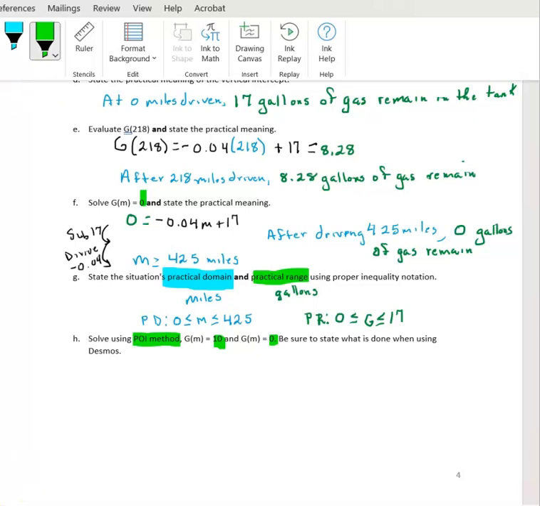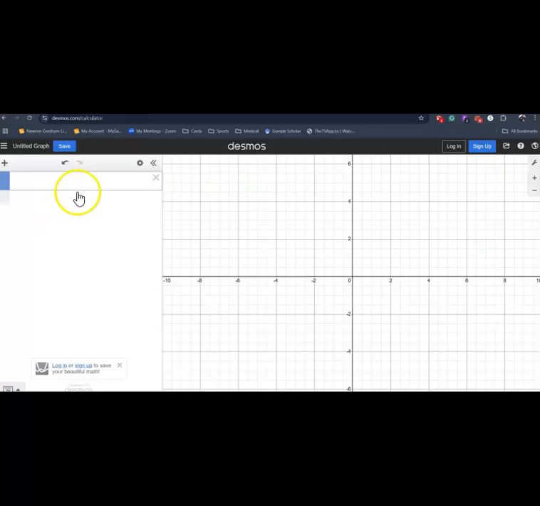Okay, so we're going to go to Desmos and type in the function. All right, so we have g of x equals negative 0.04x plus 17.